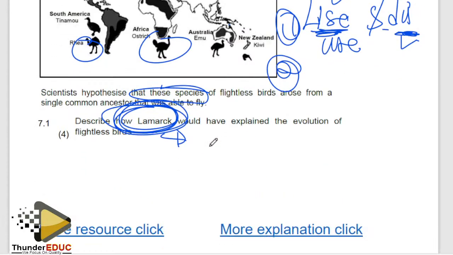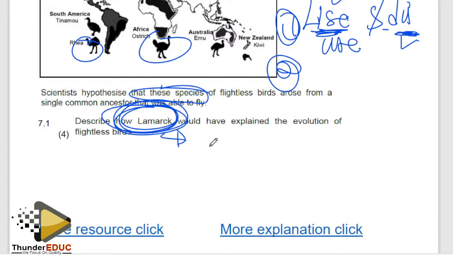They reduced how frequently they were using their wings to fly. And then the wings maybe became smaller. They became smaller and weaker maybe. And then they couldn't fly.